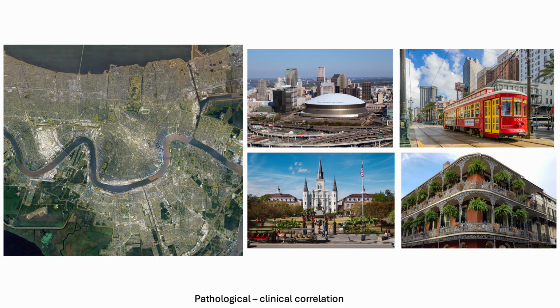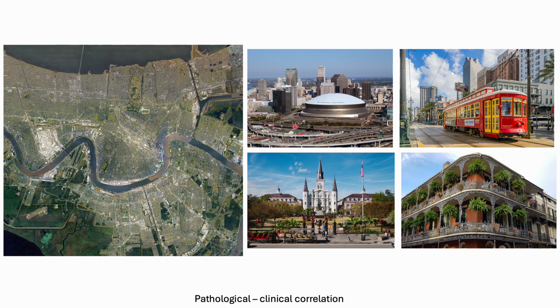To have a better understanding about the pattern recognition of inflammatory dermatosis, I will use a metaphor to explain. On the left, this is the satellite picture of New Orleans, and we can imagine this is the picture the dermatologist sees of the patient's lesion.